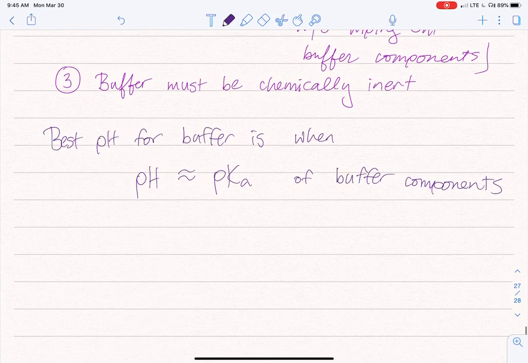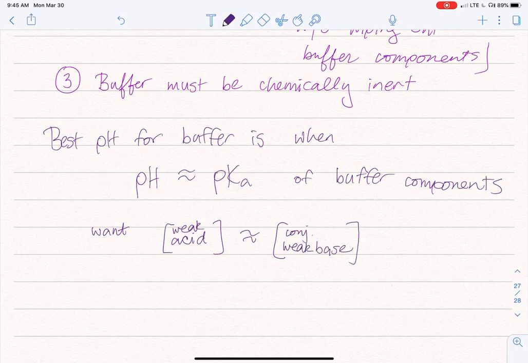What this means is, if the pH is around the pKa, you want the weak acid to be approximately equal to the conjugate weak base concentration. You want these concentrations to be similar so that the pH is as close as possible to the pKa. And of course, I could say it vice versa: the concentration of the weak base should be approximately equal to the concentration of its conjugate weak acid.